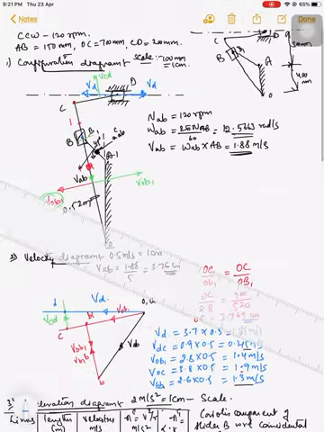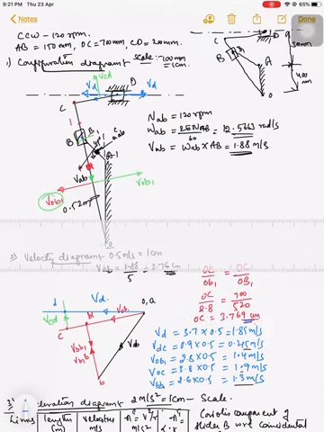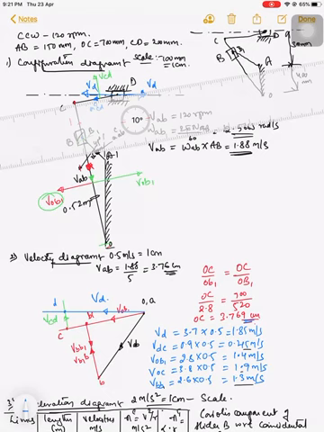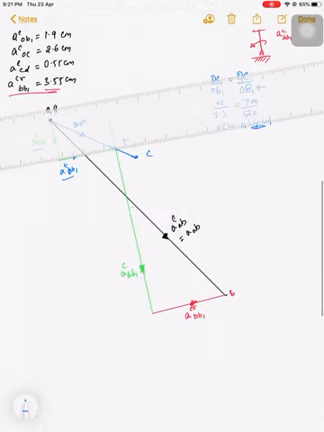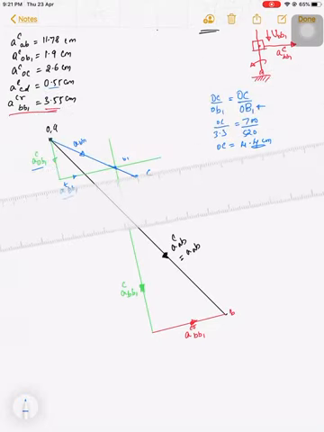Now let us consider link CD. So link CD is having a centripetal component, as it can be shown here, centripetal component of acceleration. Exactly to this link, I am going to draw a parallel line using C, and we know the value also, it is 0.55.